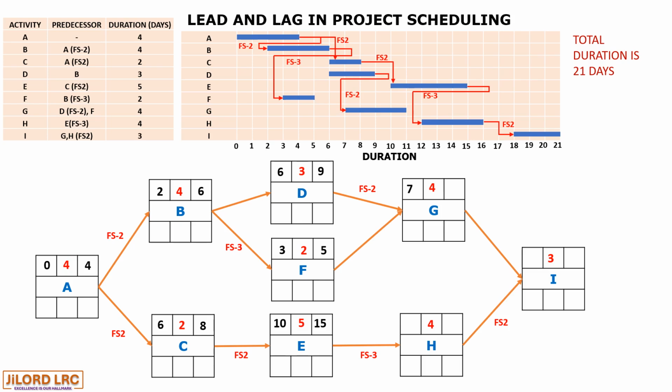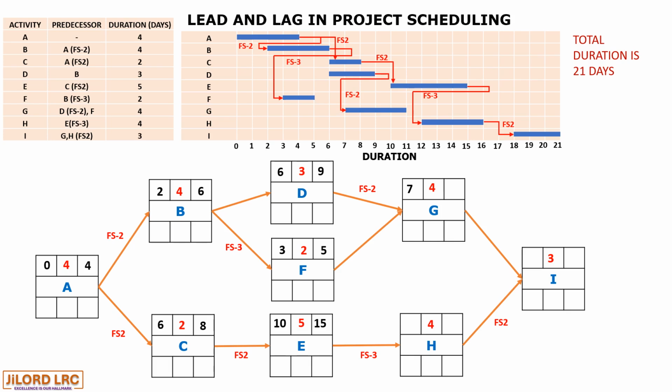And therefore in this case, we have 9 minus 2 giving us 7, and which is the highest, because even if F finishes by day 5, D wouldn't have finished by day 7. So 7 then becomes the early start for activity G with a lead of 2 days.